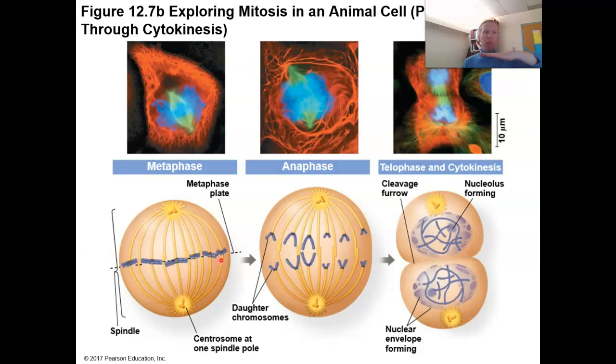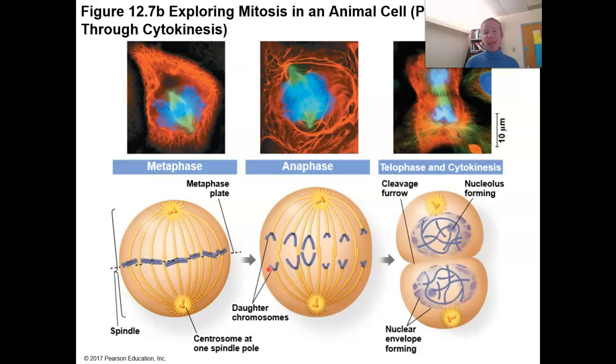This is actually three-dimensional. They're not just in a line, but they're covering the whole center of the cell. They call that the metaphase plate. This is the stage of mitosis that's super easy to recognize because all of the chromosomes are right along the middle. Metaphase, middle.